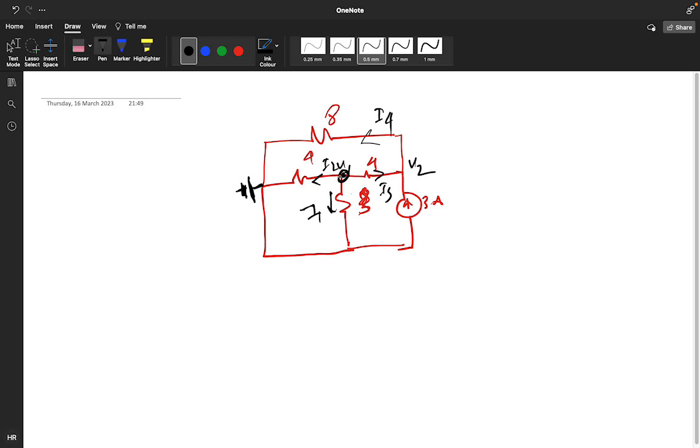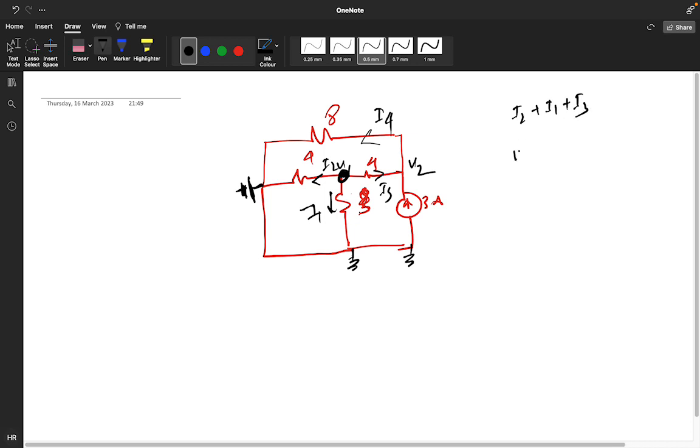So in this junction, this is your ground, this is also ground. So what are the outgoing currents? I2 plus I1 plus I3.